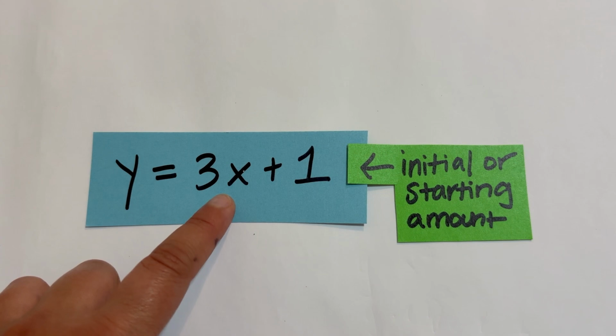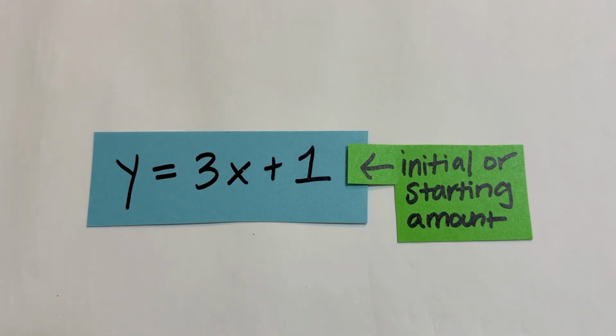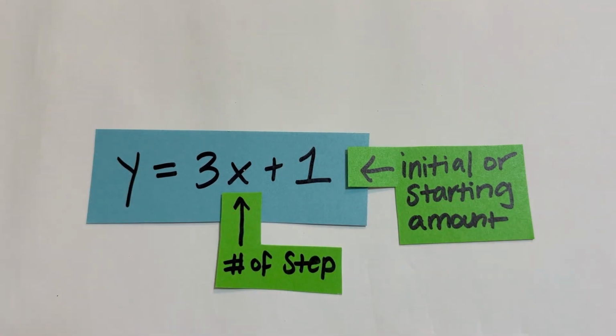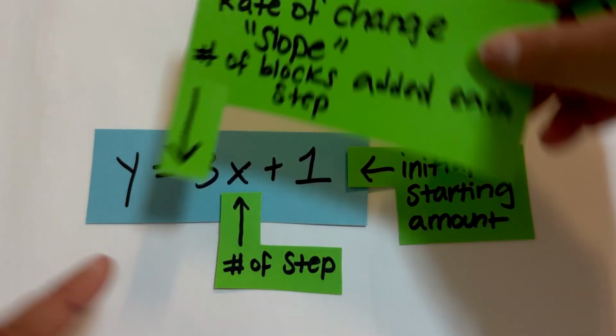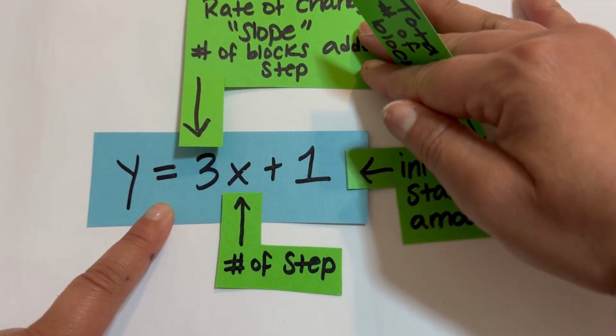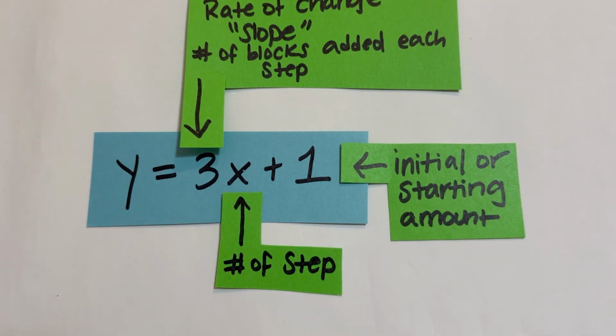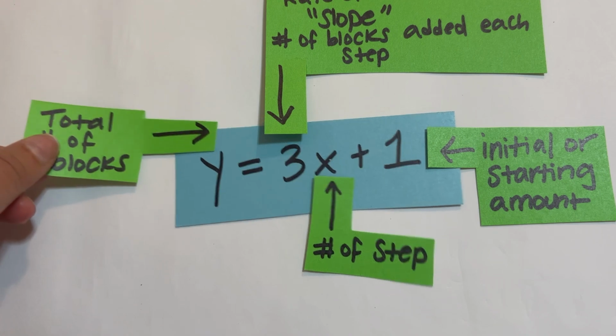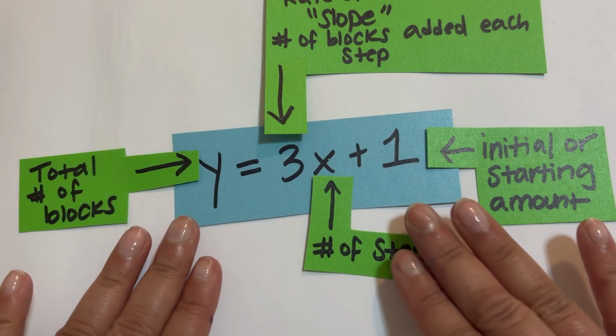We're adding 3 many times. X stands for the number of the step. The 3 stands for how many blocks we're adding each step, also known as the slope or rate of change. Then Y represents the total number of blocks.